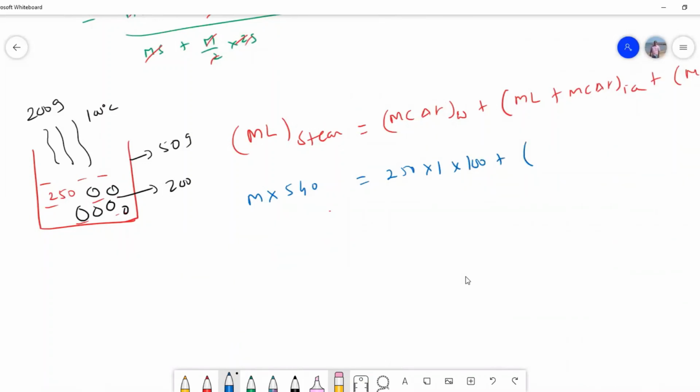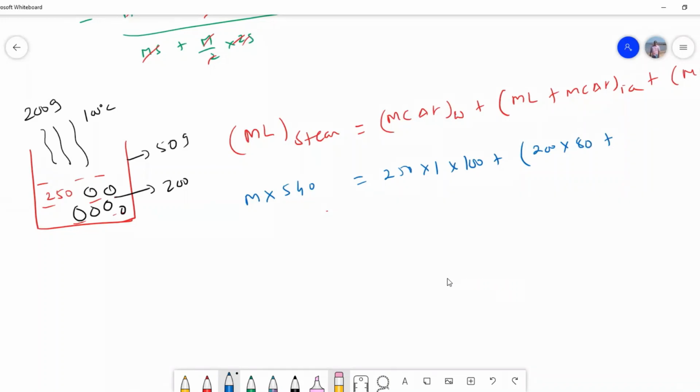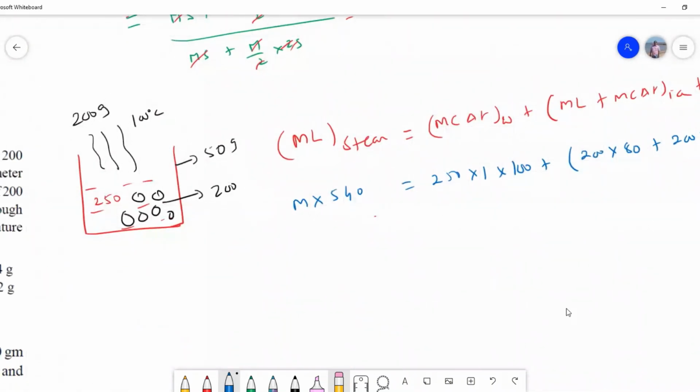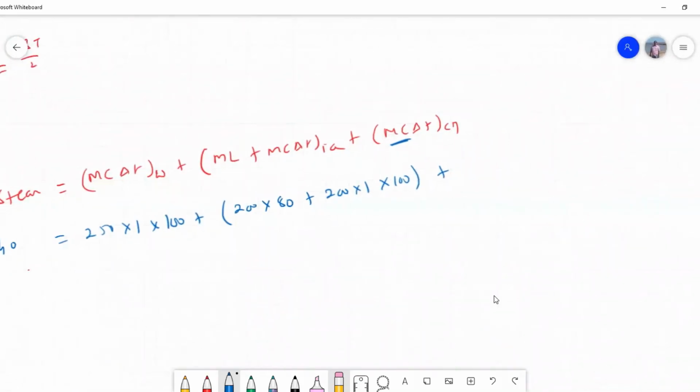How many grams of ice? 200 into 80, plus mcΔT. Again, this water that came from ice is 200, specific heat one, and the change of temperature is 100. Plus the MC value of calorimeter is given, 50. And again, the rise in temperature of the calorimeter is also 100.